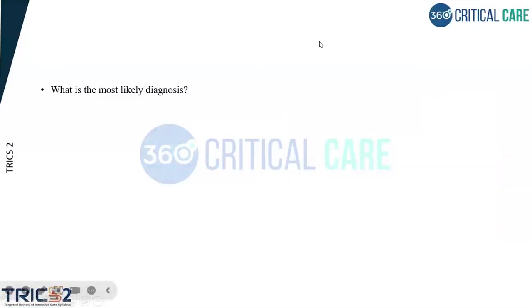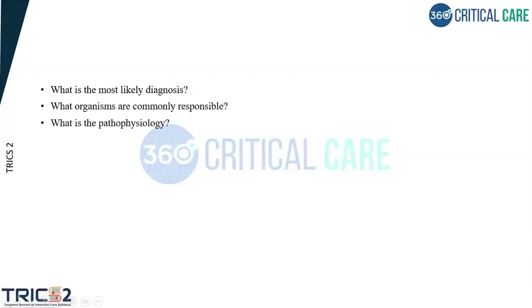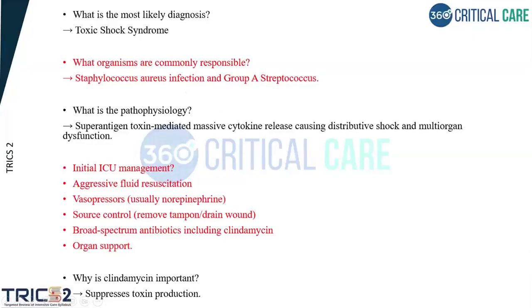Very good. Toxic shock syndrome. Very nice. So here you have the tampon that has been given as a hint. So the likely questions that will be asked here would be what organisms are responsible for that? What is the pathophysiology of development of this toxic shock syndrome? And what is your ICU management? And why is clindamycin important in this situation?